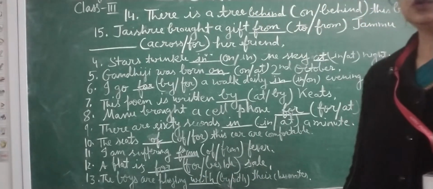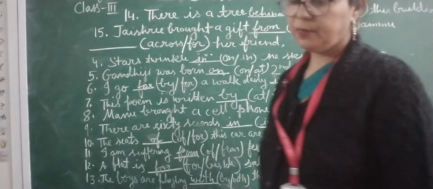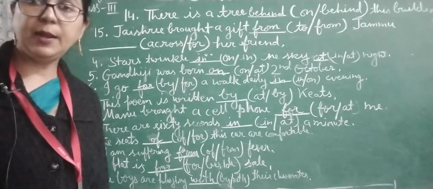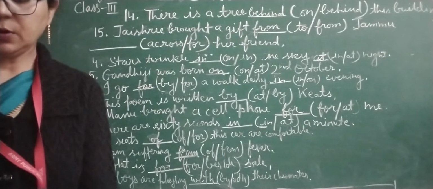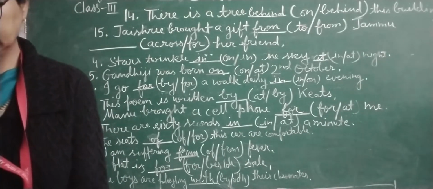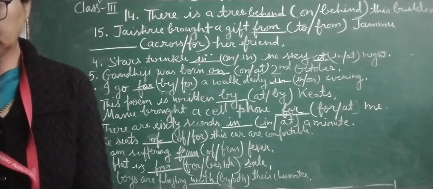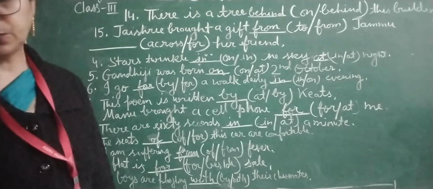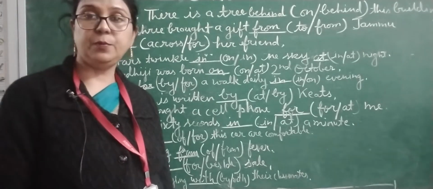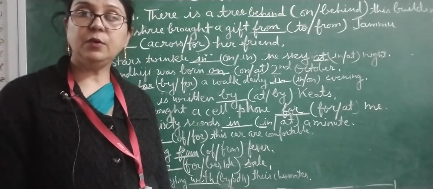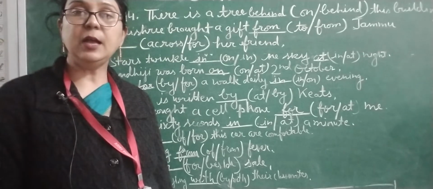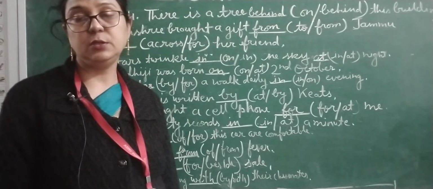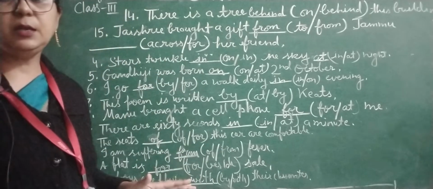Okay. So complete all the exercise of question number 3. Choose the correct preposition and fill in the blanks. Now children, because we have completed this exercise, now we are going to turn over the page, that is Google Walk. Okay, read this poem and underline the prepositions. Okay, first of all we will read this poem and after that we will underline the prepositions. Okay, so first you just complete it.